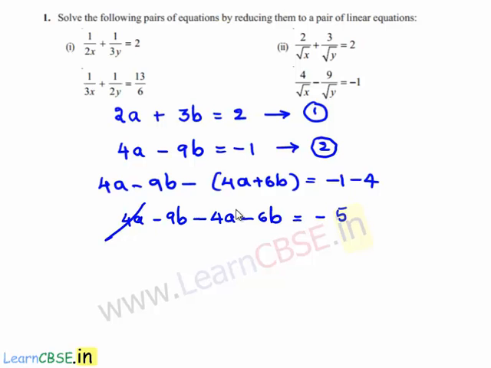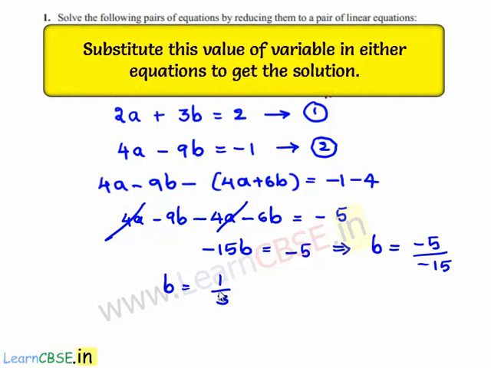Plus 4a and minus 4a will be cancelled. Minus 9b minus 6b is minus 15b. This is equal to minus 5. So we will be getting b is equal to minus 5 divided by minus 15. So b is nothing but 1 by 3. So we have found the value of b as 1 by 3.